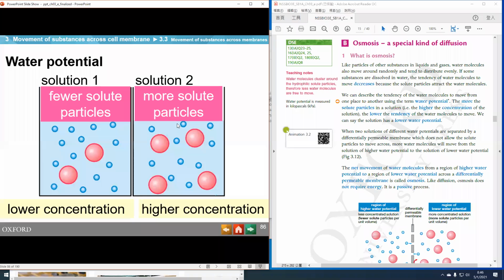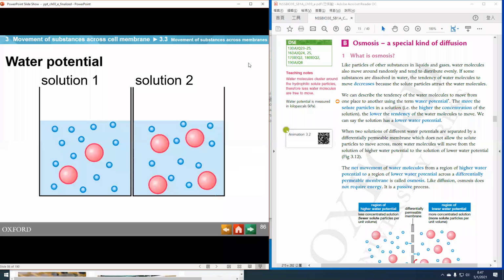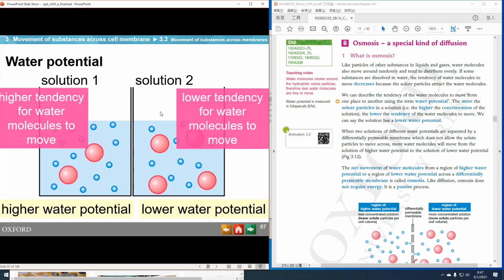Solution 1, fewer solute particles, lower concentration. Therefore, solution 1 has higher water potential. 總之多水嘅少 solute 嘅就係多 water potential 咯。How do we observe something with higher water potential?